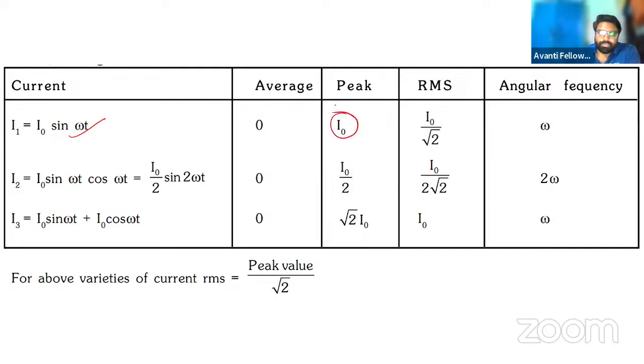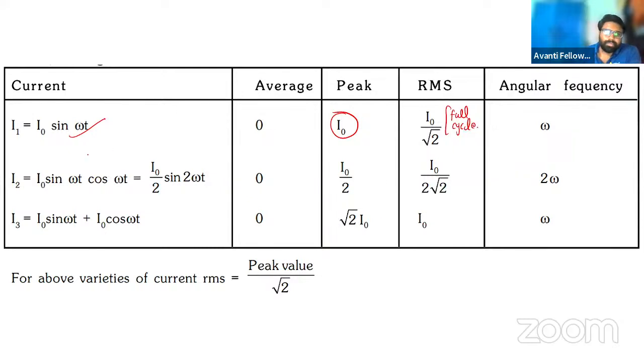The peak value here is I naught, and the RMS value is given by root mean square value, which is nothing but peak value divided by root 2, I naught by root 2, for the full cycle.